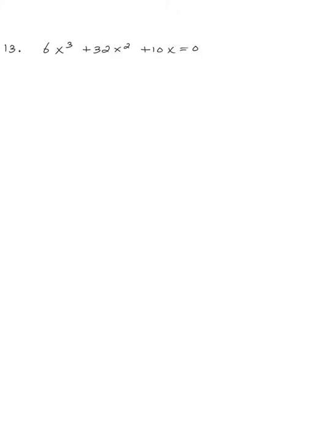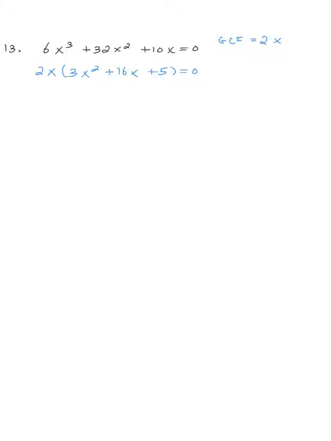Okay, here I'm removing a greatest common factor of, well, at least x and a 2. Taking out 2x, we're left with 3x squared plus 16x plus 5.